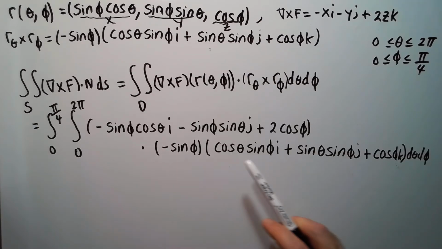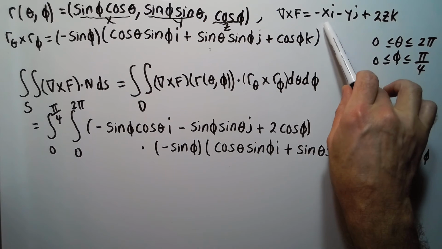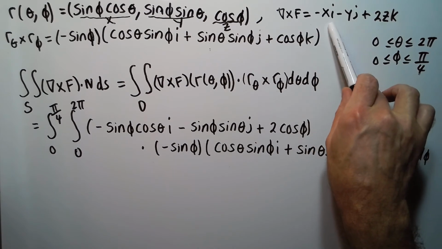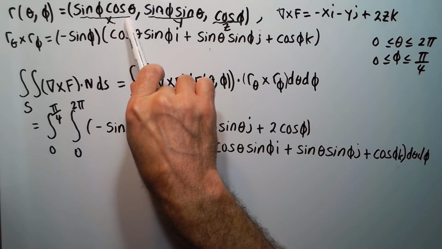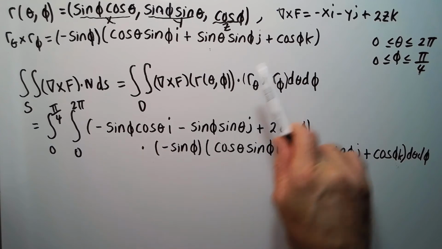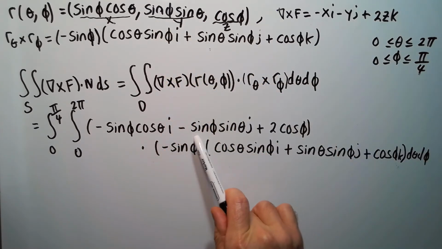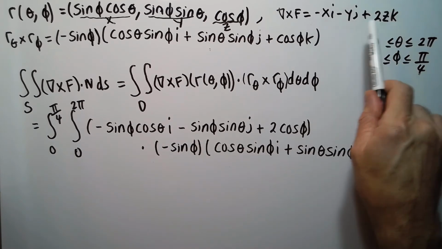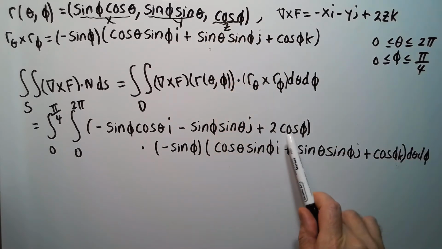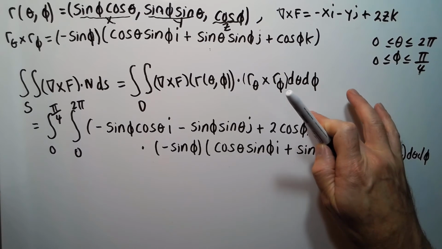So I get this. So again, how I got this was my curl is negative xi, but x now is sine phi cosine theta. That's I. Then minus yj. Y now is sine phi sine theta. J. 2 times z. So it'll be 2 cosine phi. Oh, it should be k here actually.